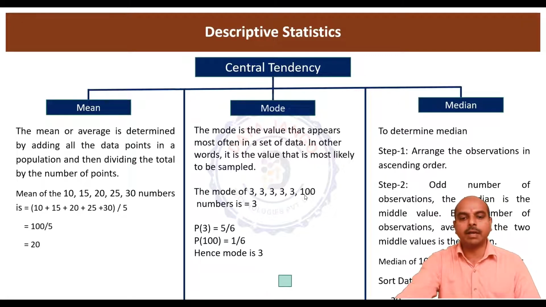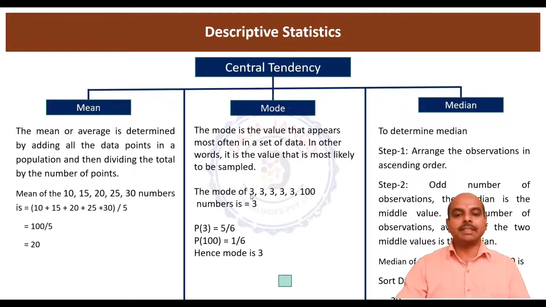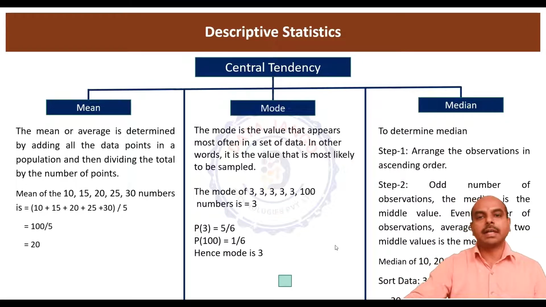The probability of 100 is 1 by 6. You can represent your data with 3 because most of the data is having 3. And median, to take the median of a data set, first we need to sort the data in ascending order, and then we need to take the middle number. The 20 is the median there. So that's how you calculate central tendency of a data.